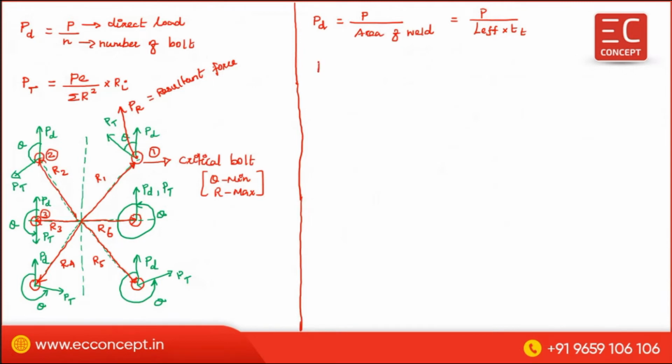Next one is PT. PT is equal to P into E divided by the summation of R square, into Ri. But here, instead of the summation of R square, you have to take IP. What is IP? IP is the polar moment of inertia, which is Ixx plus Iyy.